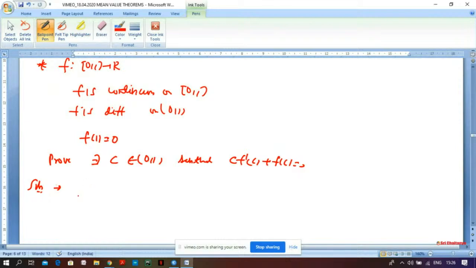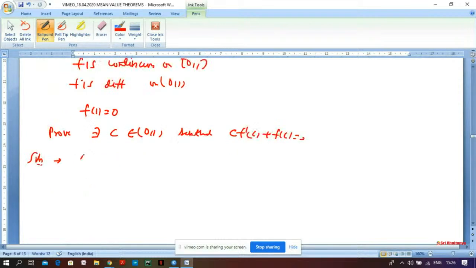Again, this calls for constructing some function. So we construct some function. If you construct these functions, let's take the motivation. You actually have to prove c f prime c plus f(c) is 0. Now think of c as x.